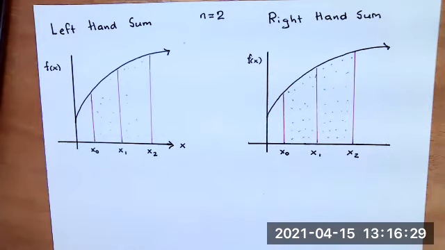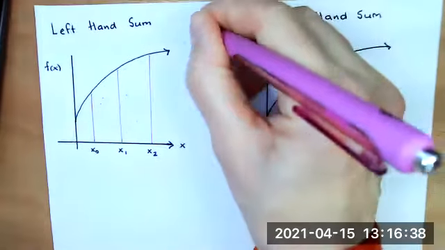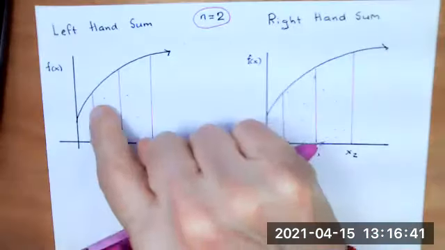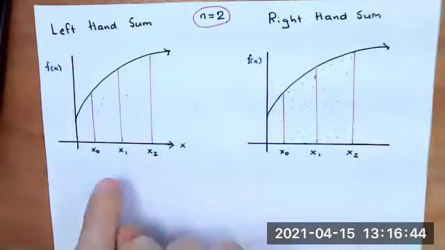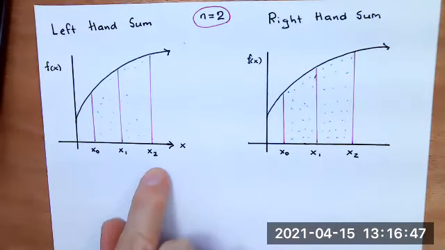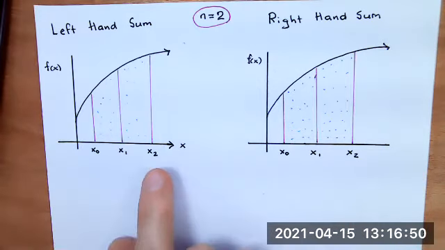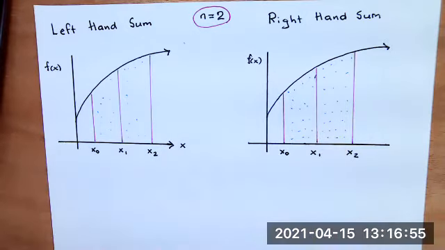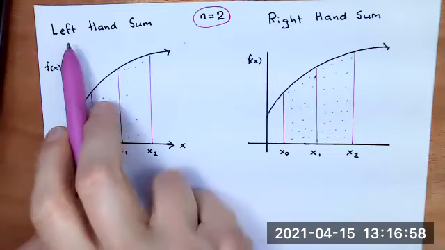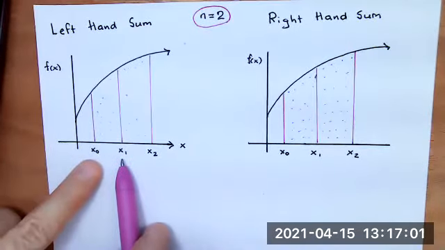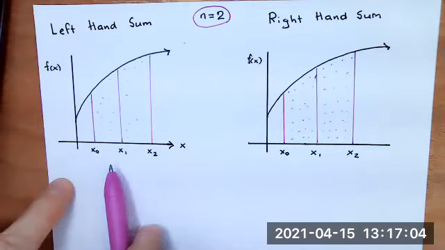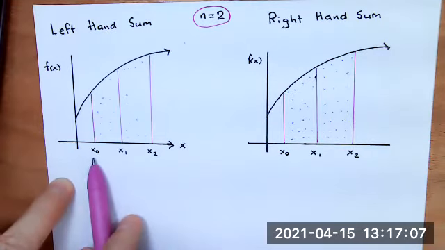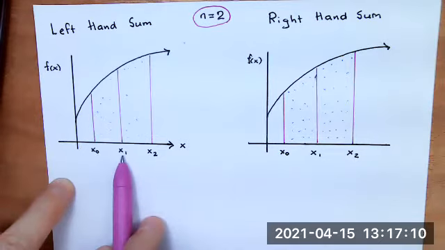All right, what's the difference between the left-hand sum and the right-hand sum? So let's say we want to make this estimate of the area bounded by the graph and the x-axis between x0 and x2. So we have 2 rectangles that we want to draw. What does it mean to use the left-hand sum? Well, let's look at this first interval. The left bound is x0, the right bound is x1.